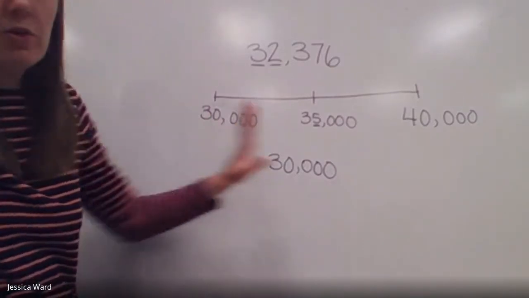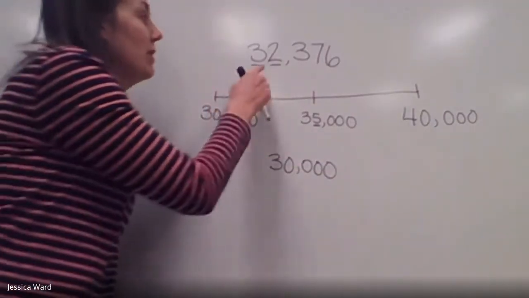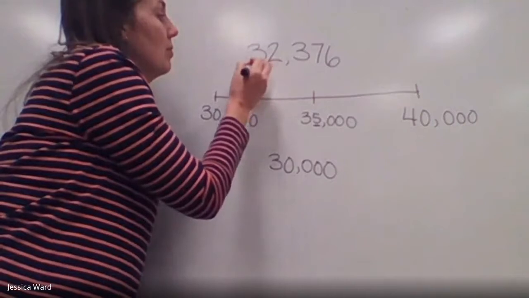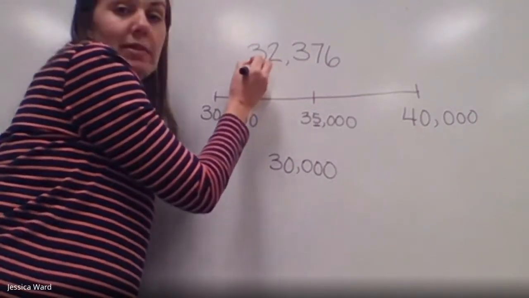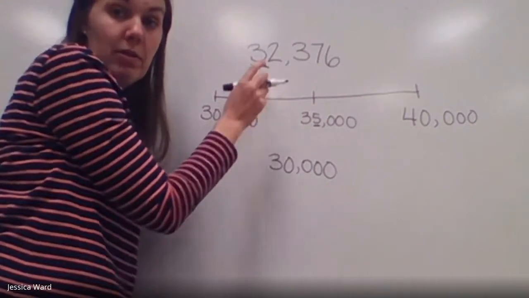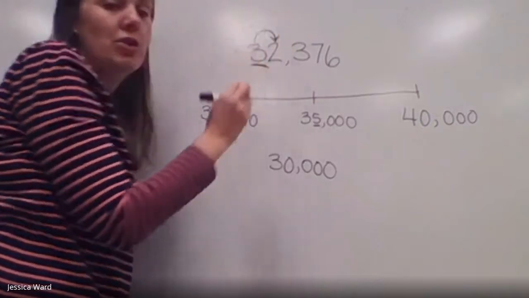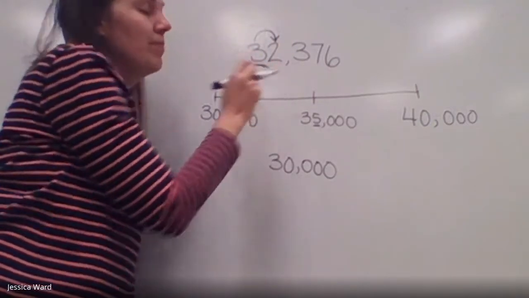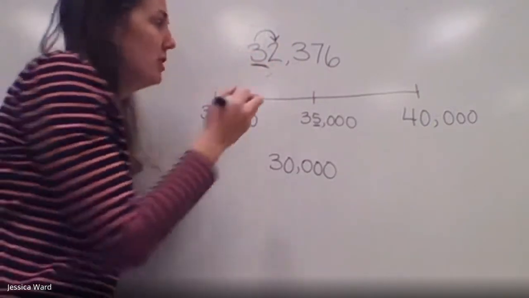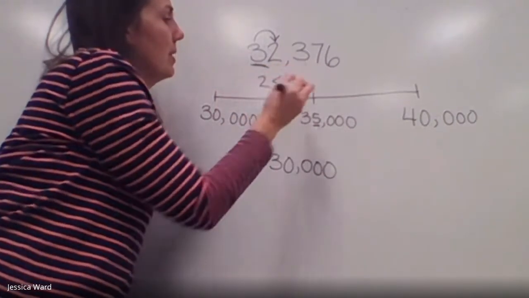So you can show it on a number line. I would even accept if you wanted to show me that you are rounding to the 10,000th place. Underline the number that you're going to be rounding. Draw an arrow to show that you're looking to the next number. Give me a little window into your brain by saying 2 is less than 5.